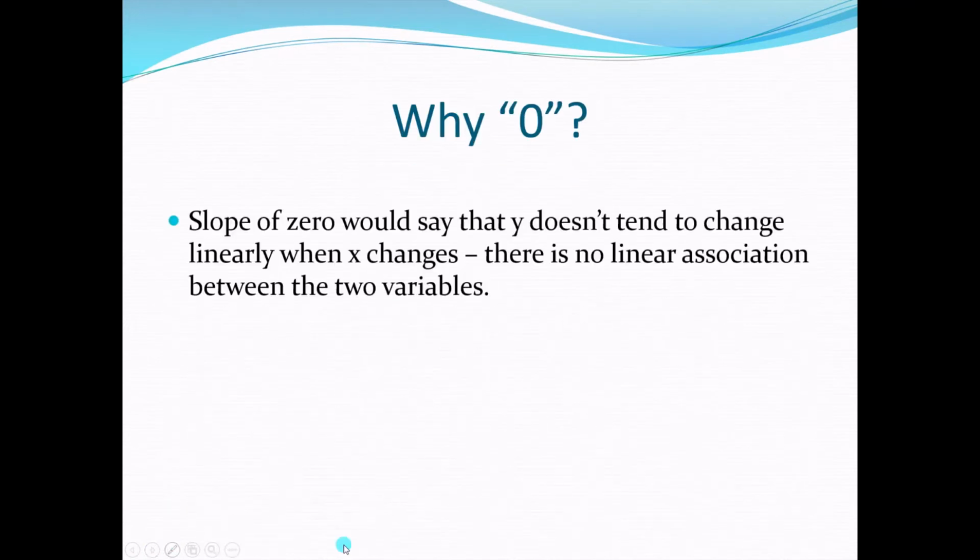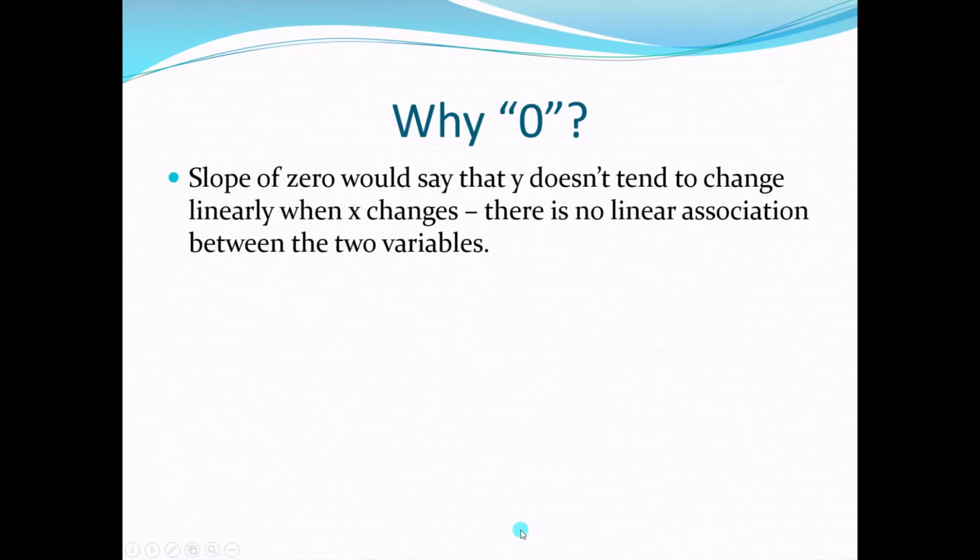Okay, so why 0? A slope of 0, if it shows up, if it's something that's really in your scatter plot or in your LSRL, that just tells you y doesn't tend to change linearly when x changes. In other words, when x changes, y is just behaving randomly. That means you have no linear association between the 2 variables, all right?